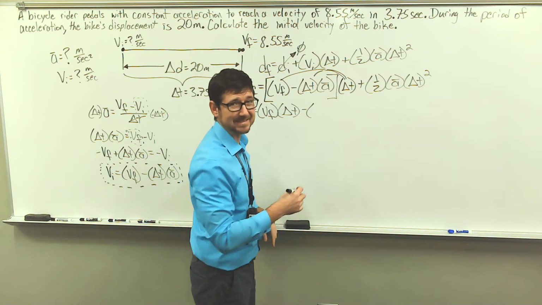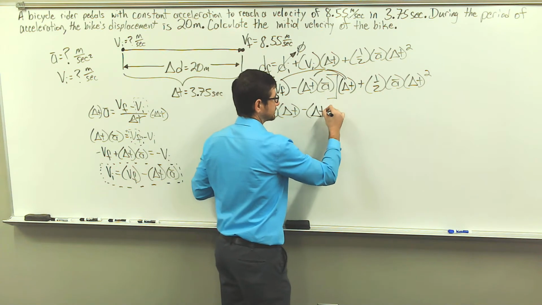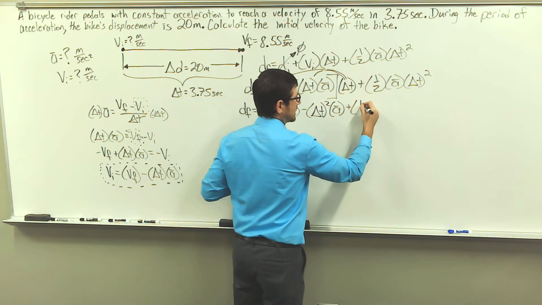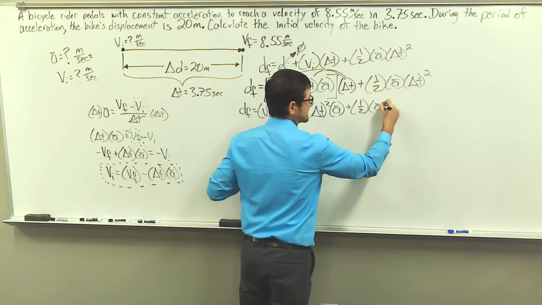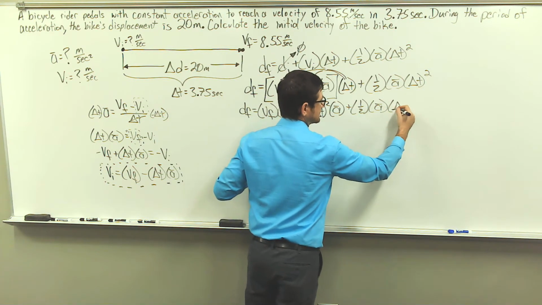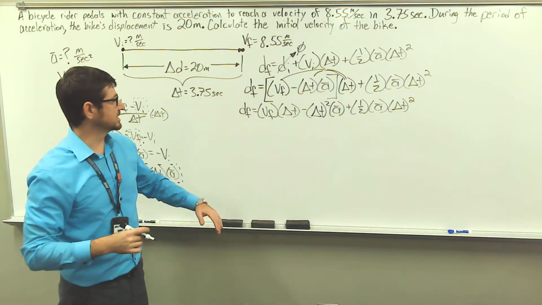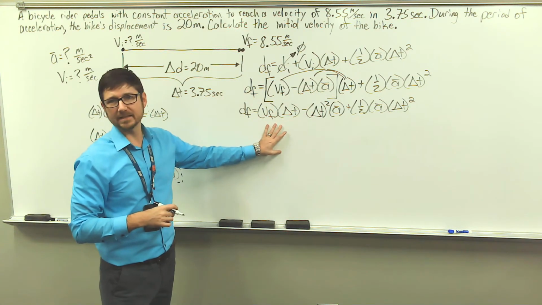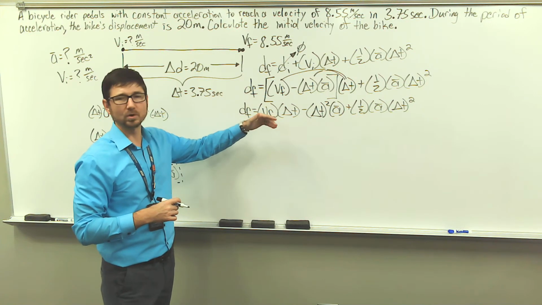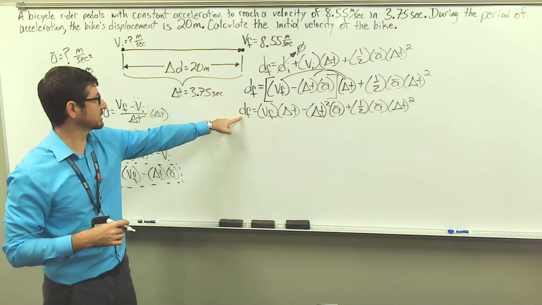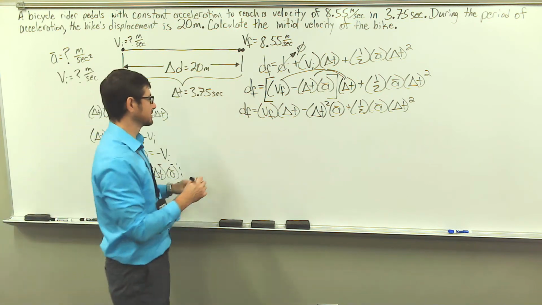So that's going to be delta t squared times our acceleration plus 1/2 times acceleration times delta t squared. At this point, we need to plug in our known values, and then we're going to solve for acceleration. So our final displacement, we have 20 meters.